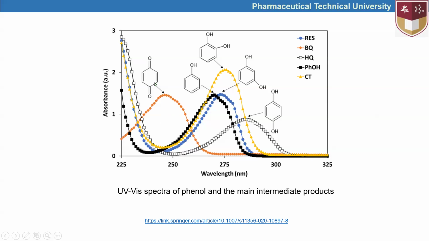So based on the functional groups, we can see that the peaks and absorbance levels of the ultraviolet or visible spectrum can differ from each other.